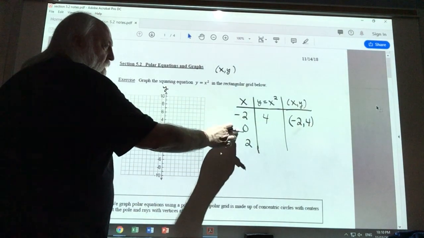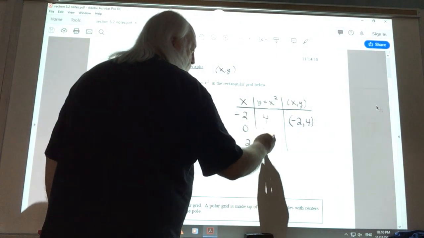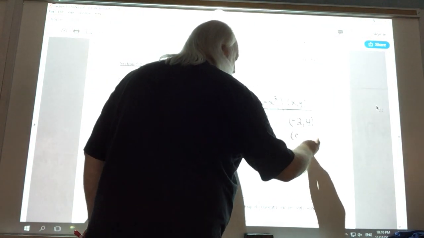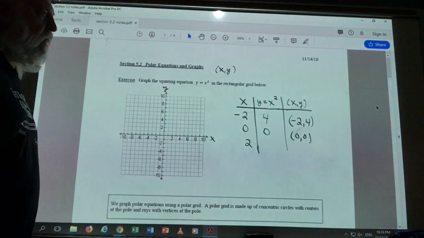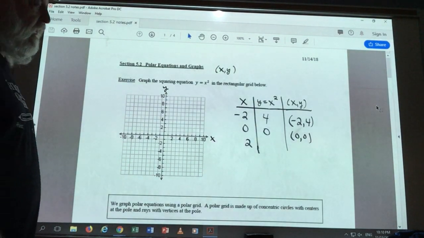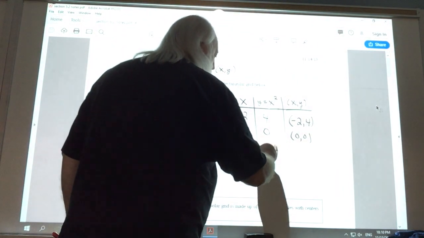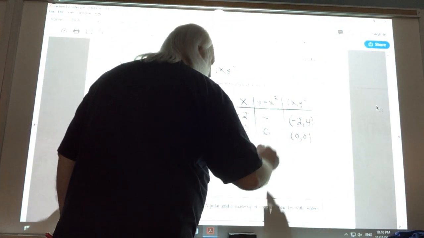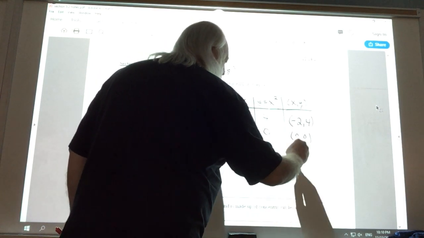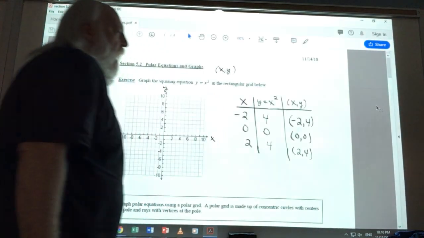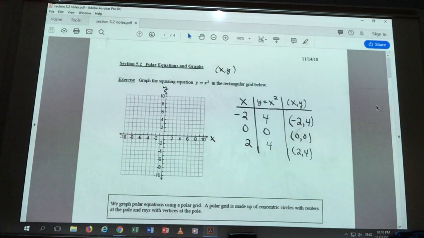When x is equal to 0, y is equal to 0 squared, which is 0. And so the second point has the ordered pair 0, 0. And when x is equal to 2, y is equal to 2 squared, which is 4. And so the third point has the ordered pair 2, 4.